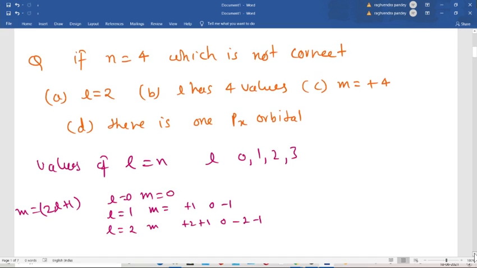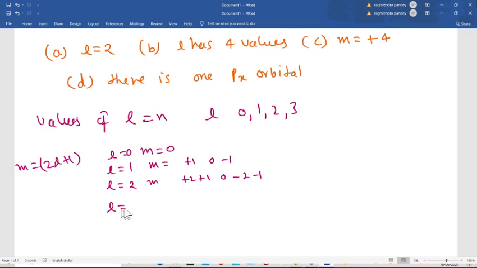Yesterday I told this. So L is equal to 3: M is equal to plus 3, plus 2, plus 1, 0, minus 1, minus 2, minus 3. So there is no plus 4, so that is the wrong option. Only maximum value is plus 3 for L is equal to 3. In this manner you have to find. Everybody getting this?